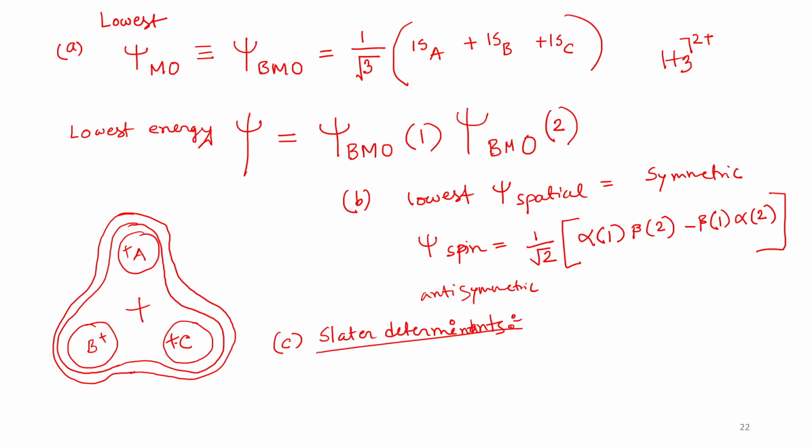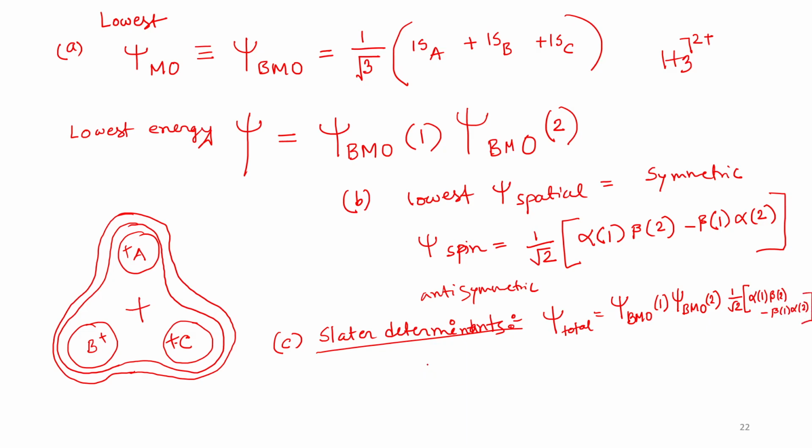So here we can write psi total is psi BMO1 psi BMO2 into 1 by root 2 into alpha 1 beta 2 minus beta 1 alpha 2.